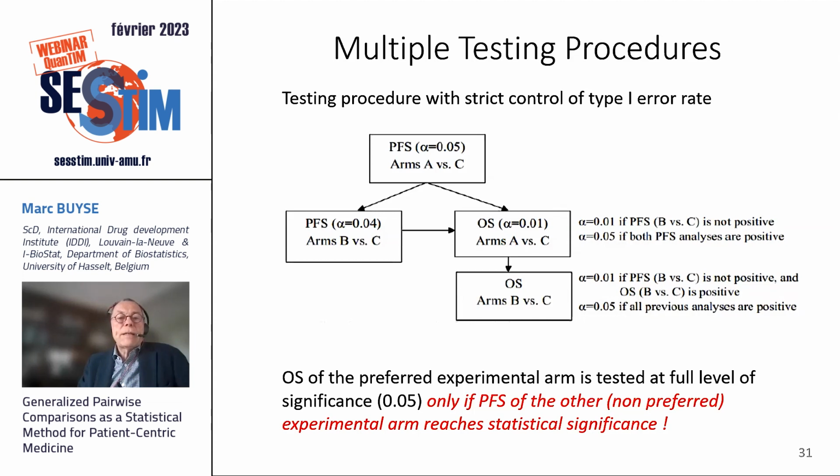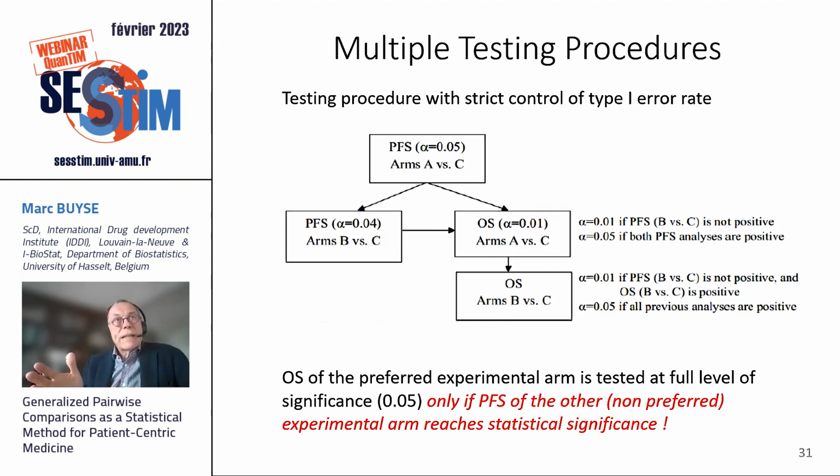And if this test succeeded, then they would compare B versus C in terms of OS. Now, note here that the alpha level to use for the OS comparison of the primary comparison of interest, A versus C, is 1% if the PFS fails on the other treatment and 5% otherwise.